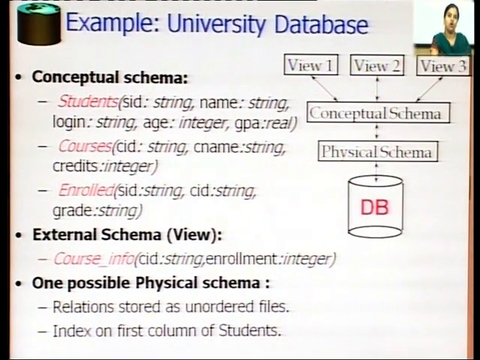So this is how the conceptual schema is defined. When there is a student, student ID, this is the conceptual level. At the external level view, it is the information about the courses and the enrollments, and one possible physical schema is relations stored in unordered files.